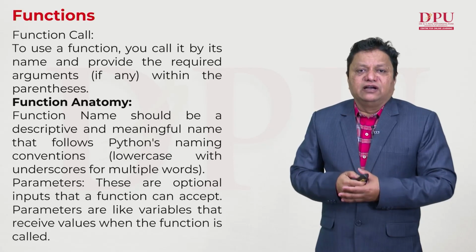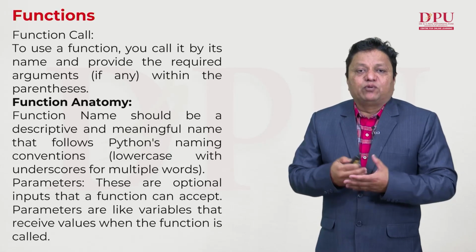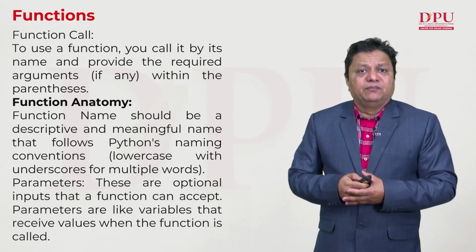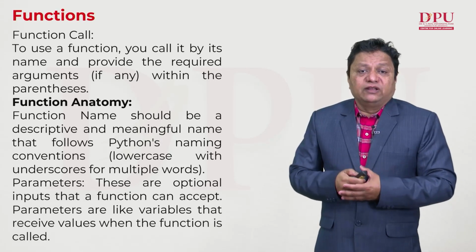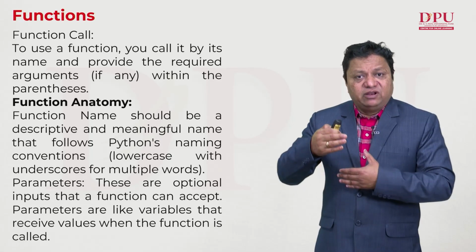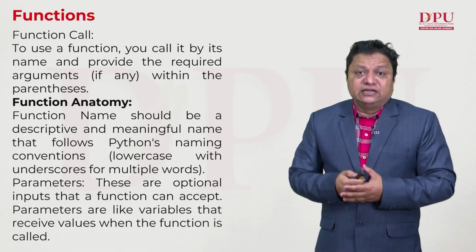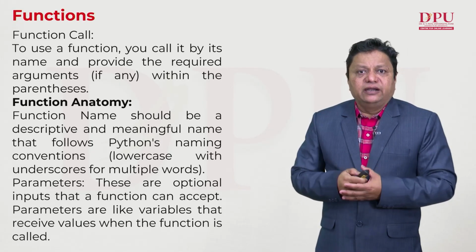Now how to call a function? To use a function, you call it by its name and provide the required arguments if that function accepts any parameters. So that is function anatomy. The function name should be a descriptive name.